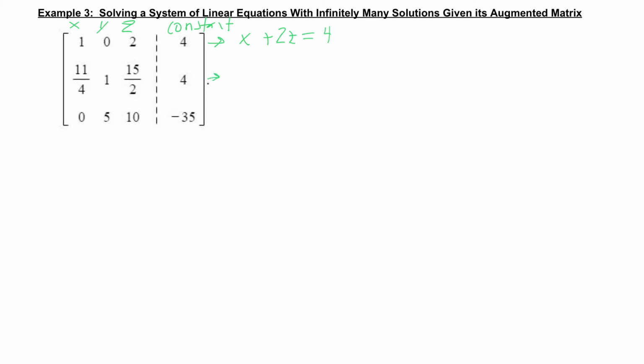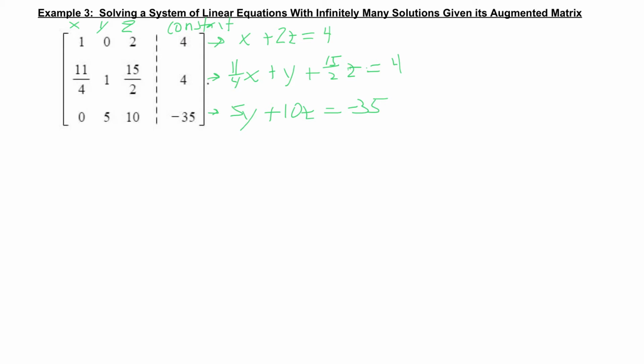My next equation is going to be 11 over 4x plus y plus 15 over 2z, and that's going to be equal to 4. And then my last equation, I have no x's, so I have 5y plus 10z equal to negative 35.